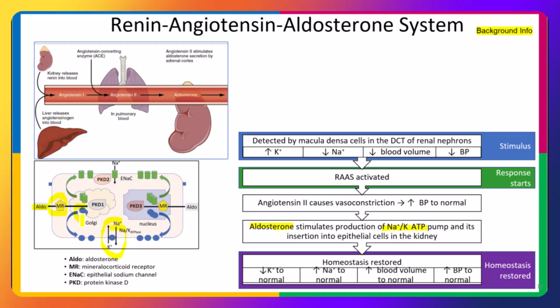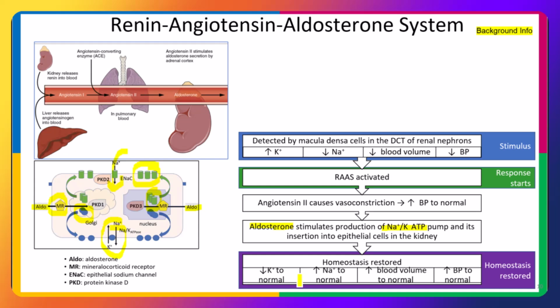You can see them being produced, migrating to the plasma membrane and inserting themselves. And you can also see the epithelial sodium channels being produced by aldosterone and permitting the reabsorption of sodium, so bringing it back into the blood.